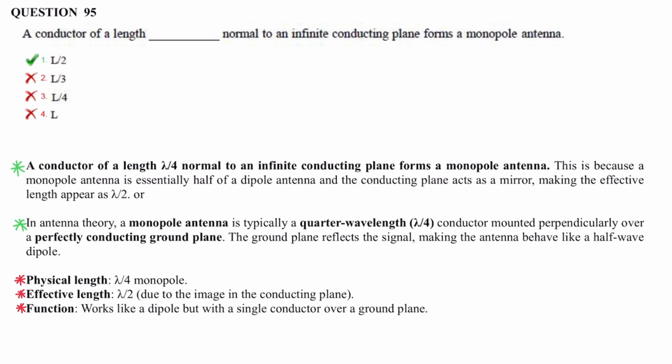A conductor of length L by 2 normal to an infinite conducting plane forms a monopole antenna, where L is the length of dipole or dipole length, that is lambda by 2. So L is replaced with lambda by 2 divided by 2. Its value is lambda by 4.